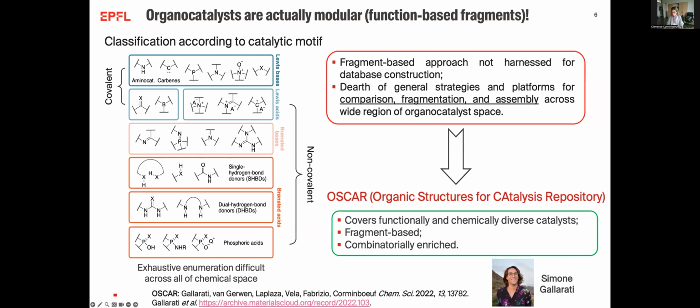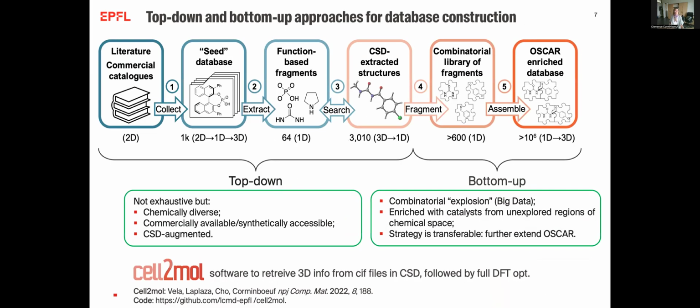It was thought and designed by my former PhD student, Simone Gallarati. As you will see, it covers functionally and chemically diverse catalysts. It's fragment-based, and it can be enriched in a combinatorial manner. So that's the most important slide, I would say, that really explains the workflow that we have been using: hybrid, top-down, and bottom-up.